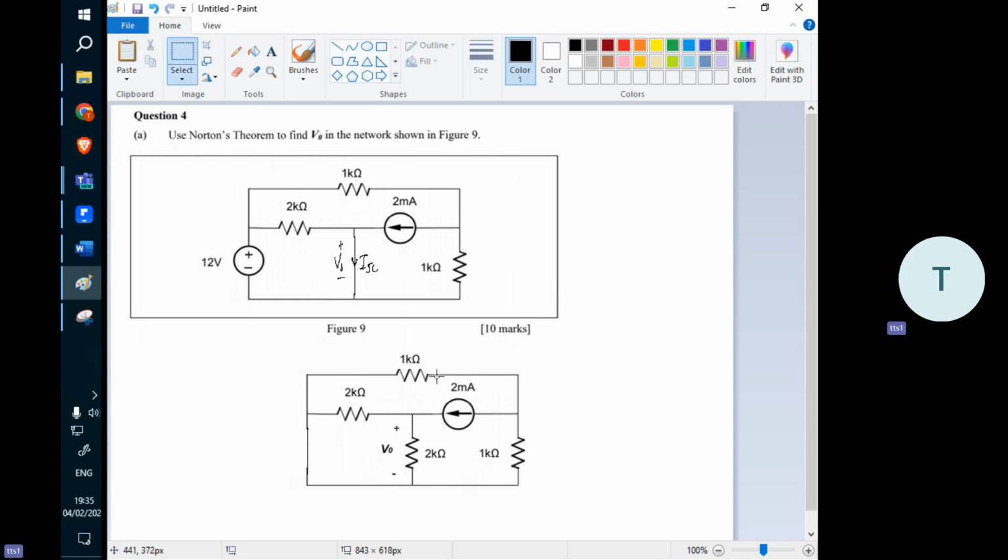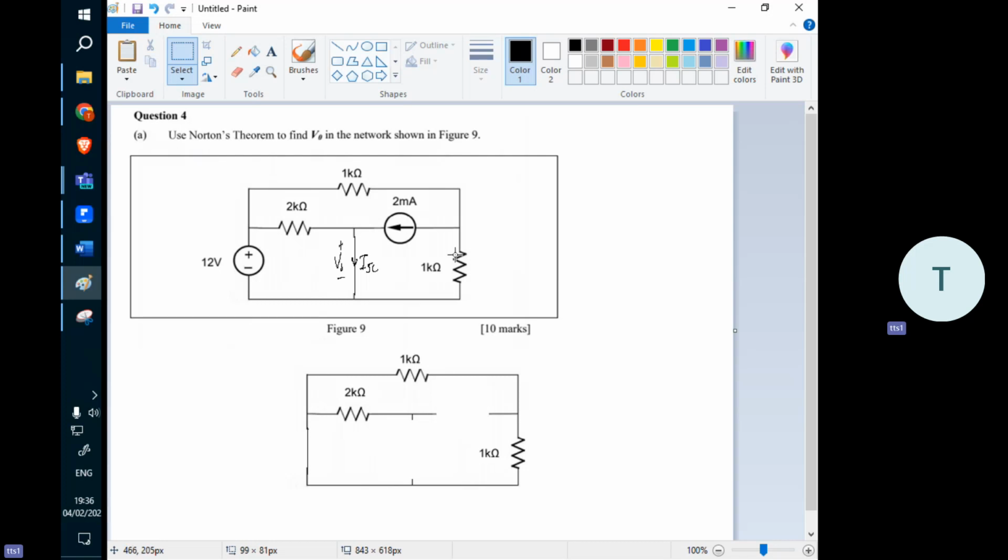That means we remove all the current and voltage sources. We remove the voltage source here, and what we are left with is the 1K. We also remove this one. The output is also removed because the output is not part of the circuit. The output is the RL. So what we are left with is something like this.